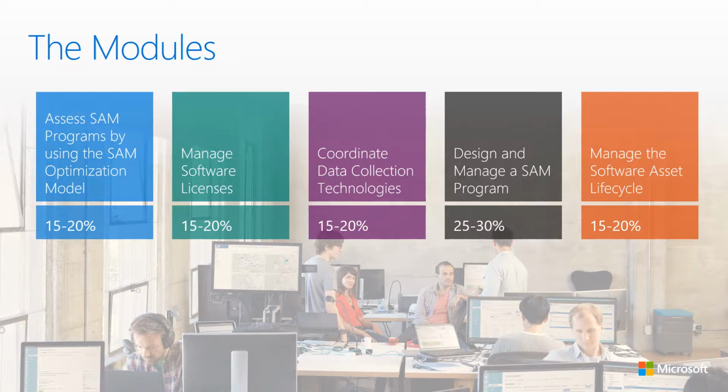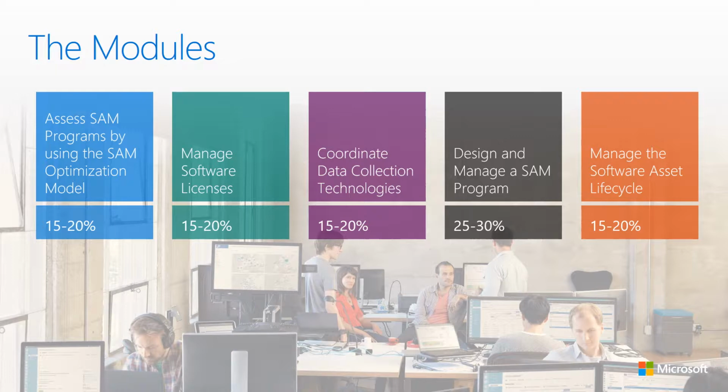Module 3 goes into depth in some of the areas around data collection, and we look at topics such as ensuring completeness of data and resolving inventory discrepancies, as well as managing SAM reporting requirements. Then Module 4 is about setting up a SAM program and making SAM part of the infrastructure of an organisation.